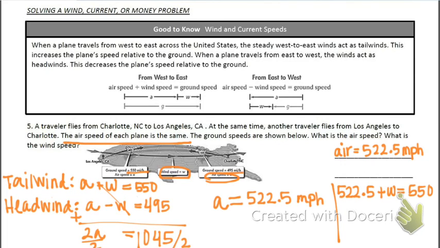Subtract 522.5 and I get W equals 27.5 miles per hour. Do these speeds make sense? Are they all positive? Yes. So my wind speed was 27.5 miles per hour. Okay?